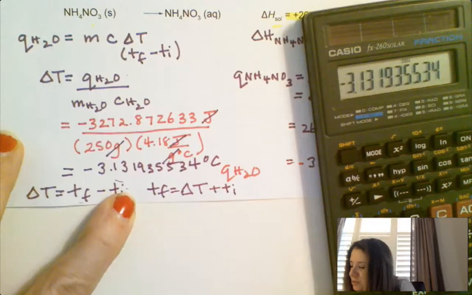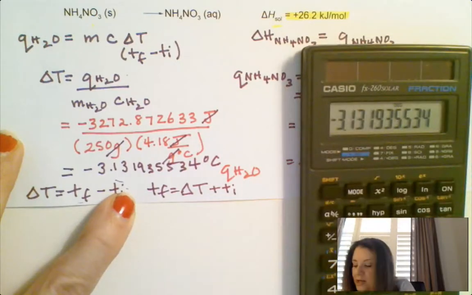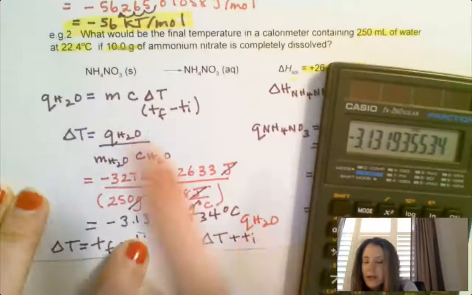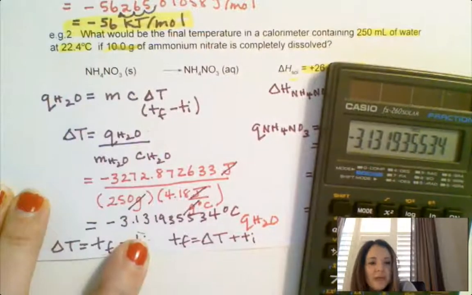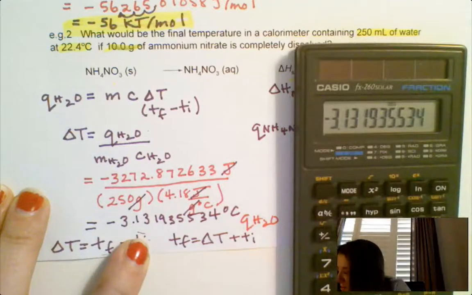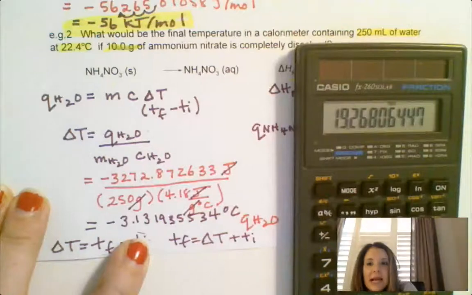So this is my value. I haven't rounded or anything. What was the initial temperature of the water? Well, let's go back up here. It was 22.4. So I'm going to take that, and this says add it to 22.4, and you get 19.26806447 degrees Celsius. That would be your final temperature.